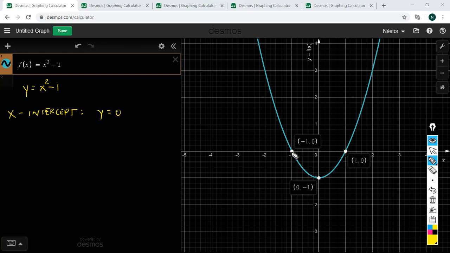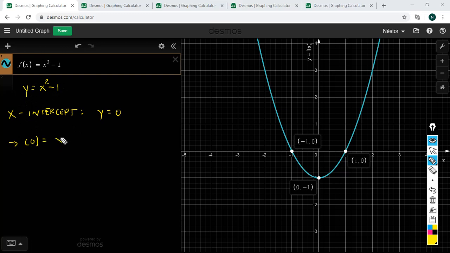What values of y do they have in their coordinates? 0 and 0. So if you give this equation in y the value of 0, and then you solve that equation, you're going to get the possible values of x for that particular value of y equals 0. That's how this works. So let's do it. I'm going to give y the value of 0 in this function or this equation.